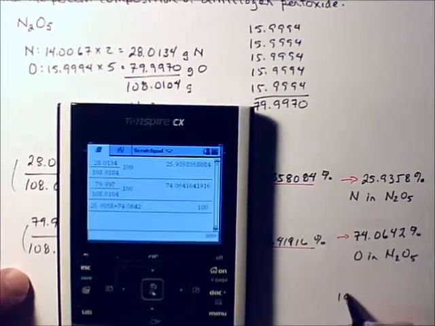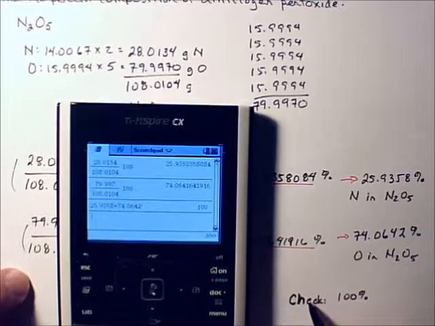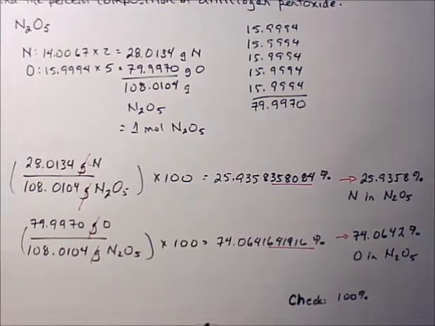There you go. And that's how you can check to make sure everything's done right, or it's at least one kind of check. It may not be perfect as far as you might have set something up wrong, but you should get 100% when you add all the percents together.